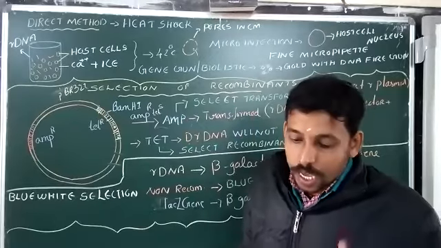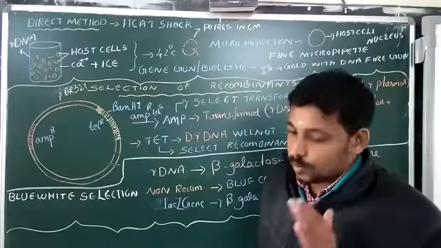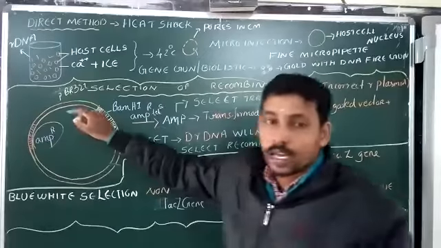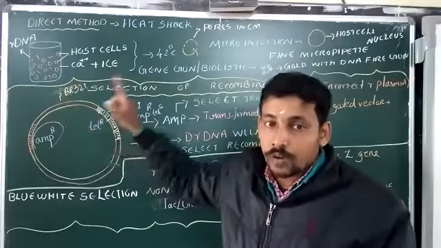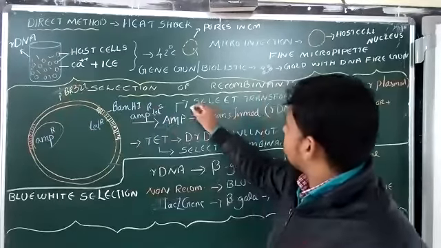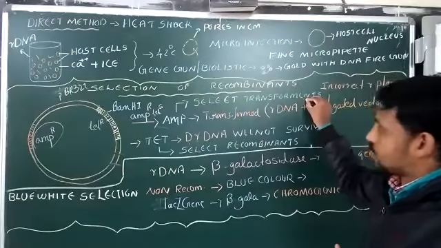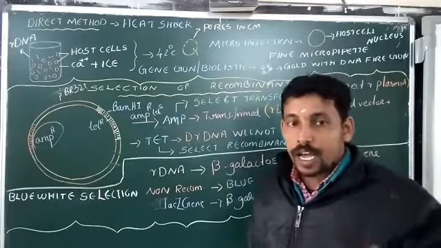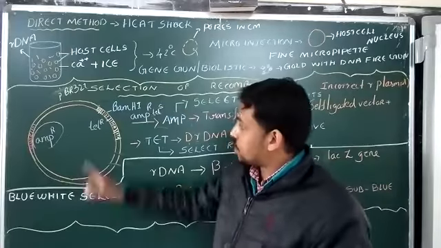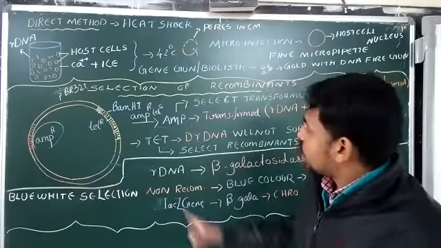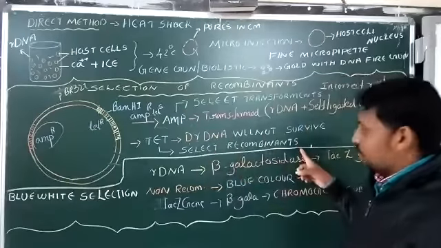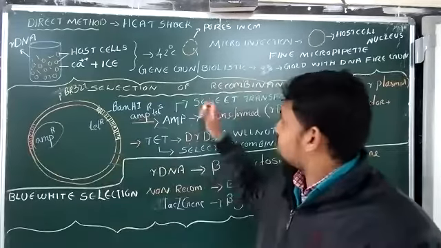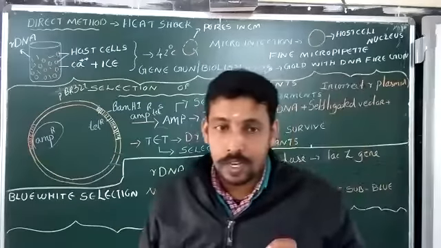So we can say that one antibiotic resistance gene, that is ampicillin resistance, helps to select the transformants. The other antibiotic resistance gene, that is tetracycline, will select the recombinants. Tetracycline selects recombinants, ampicillin selects transformants.